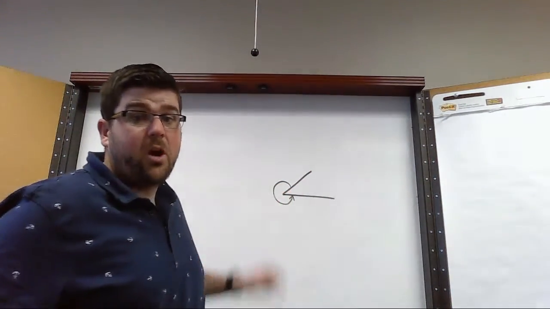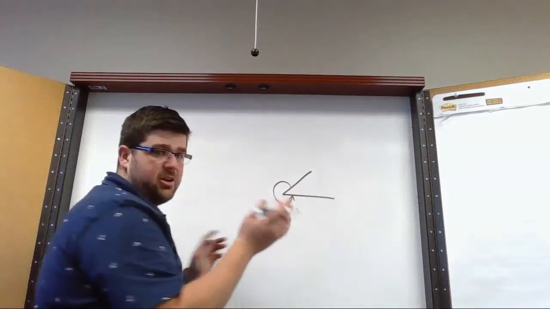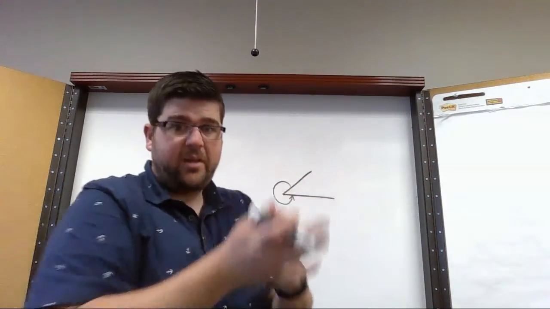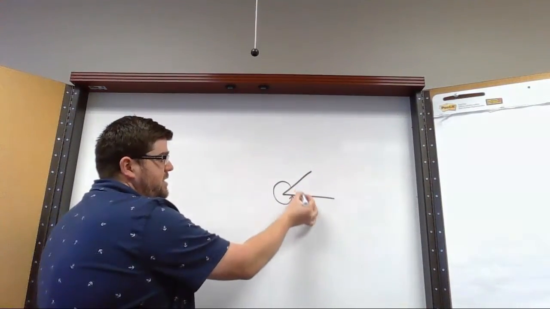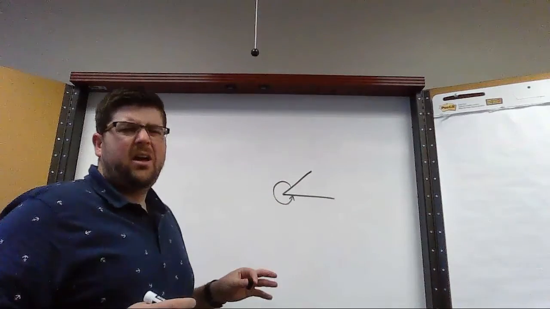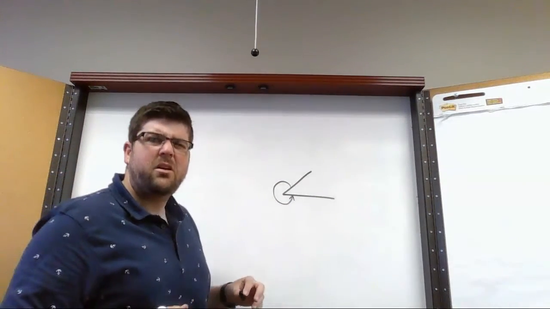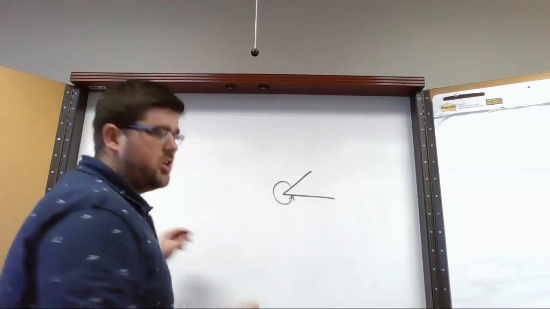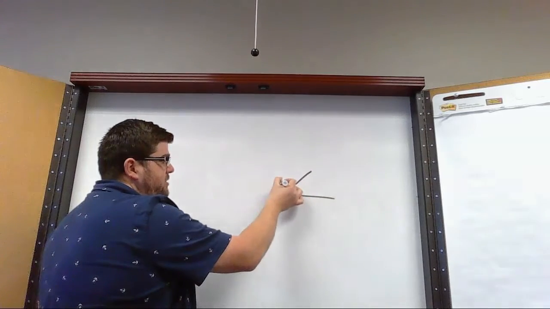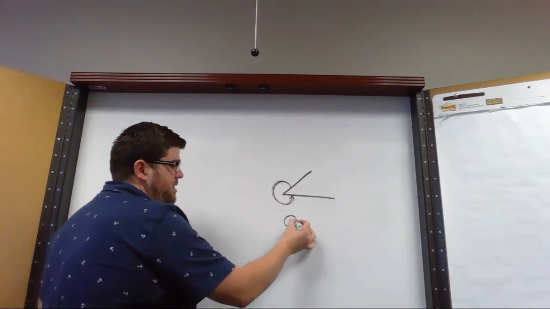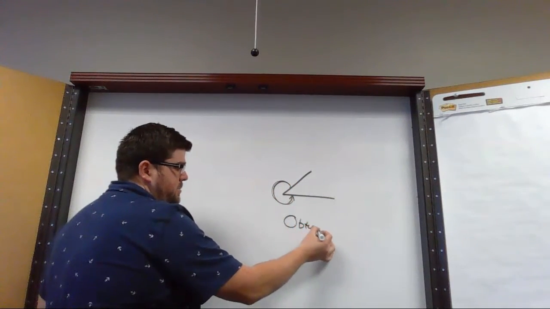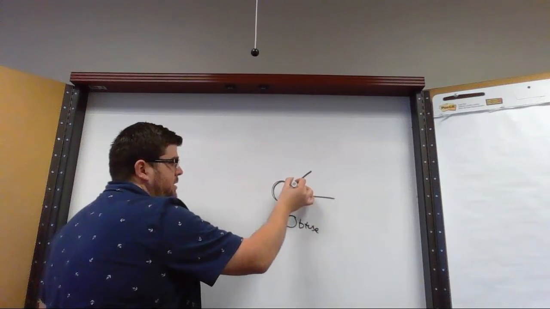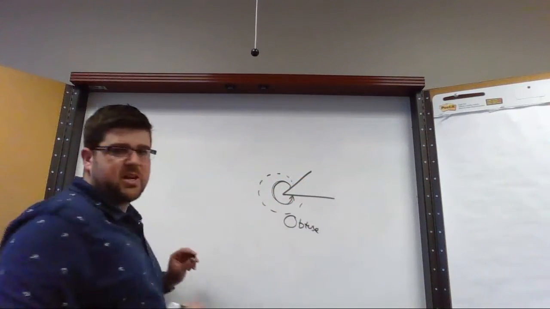But again, the little mark is telling us what we're measuring. Every angle technically has two angles that you can look at: the inside one and the outside one, or the interior and exterior, maybe what they're called. Anyway, you'll get to that when you do geometry. But if I'm measuring from here all the way around to there, that's an obtuse angle, if I'm measuring all the way around the outside of that circle.